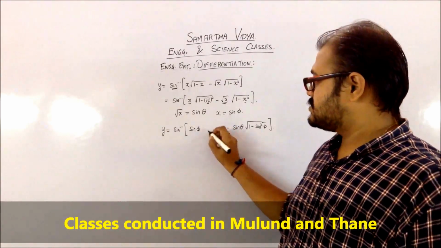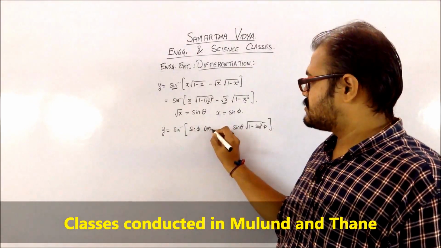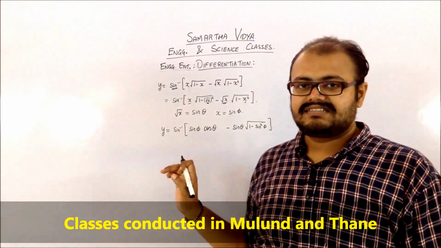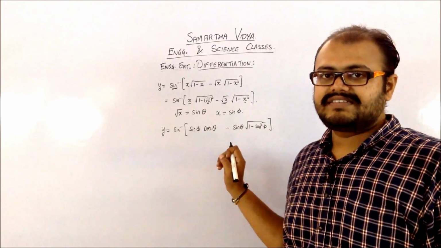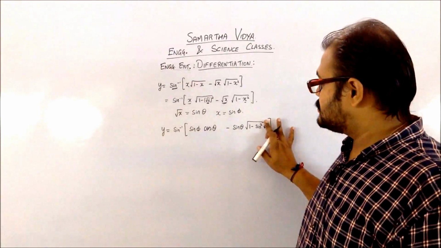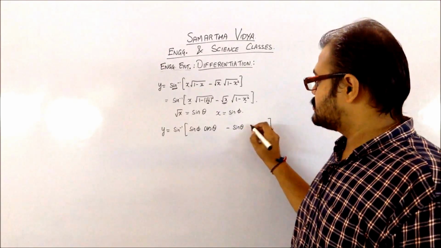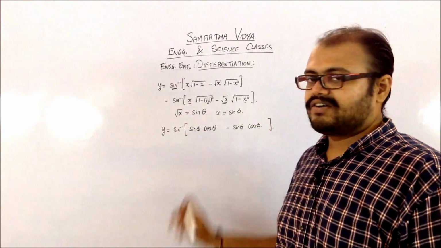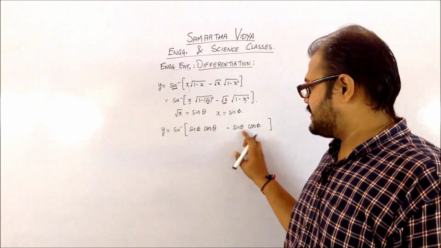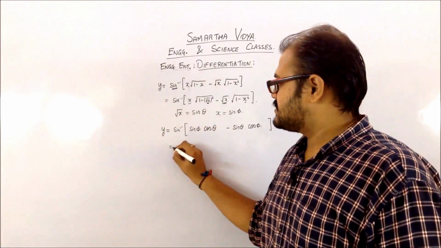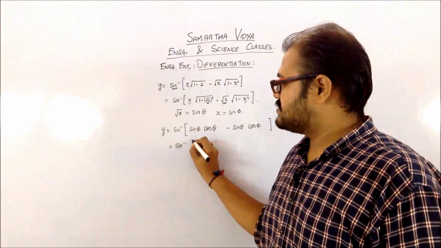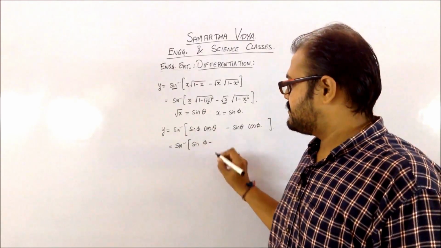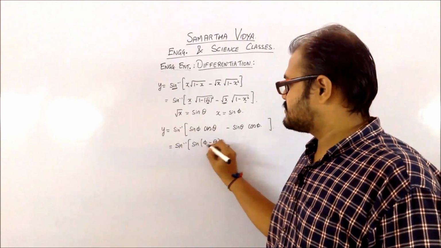So this becomes your cos theta, and you have 1 minus sine square phi, which is cos square phi. Under the root it changes to cos phi. So you have sine phi cos theta minus sine theta cos phi, which is nothing but your sine inverse of sine of phi minus theta.